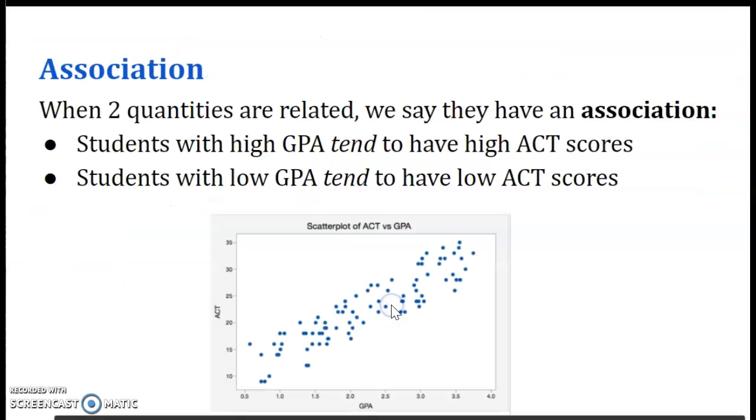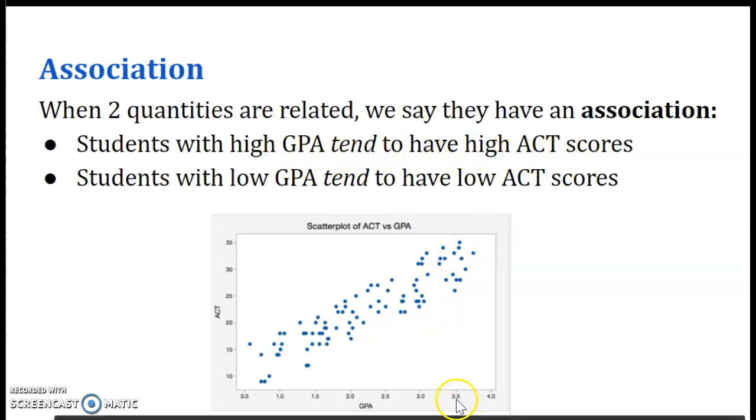okay, I'm going back to my slides. And so association: when two quantities are related, so when the quantities represented on the x-axis and the quantities represented on the y-axis are related, we say they have association. Students with high GPA tend to have high ACT score.